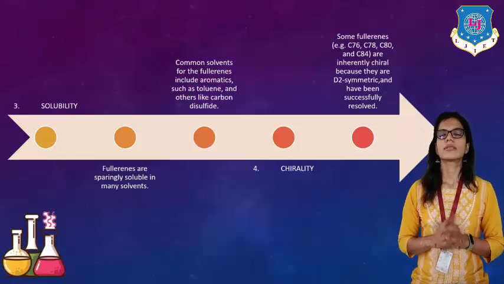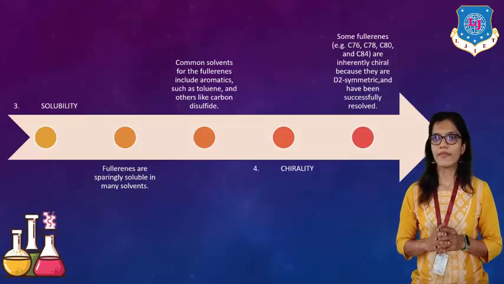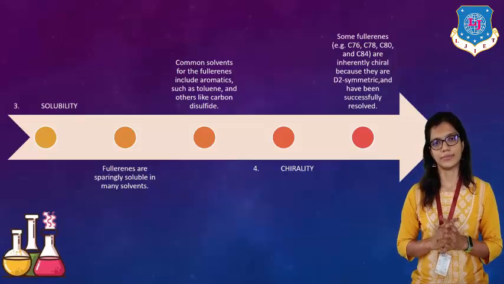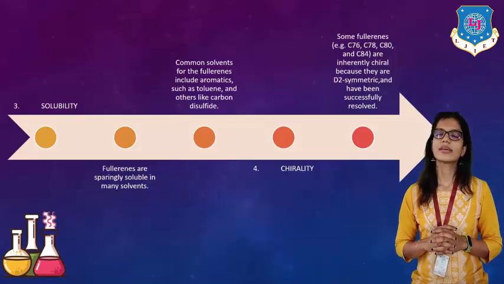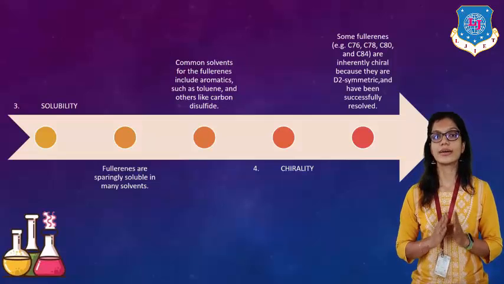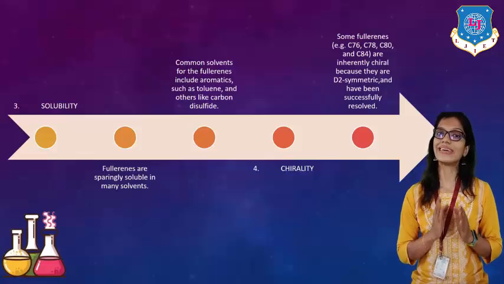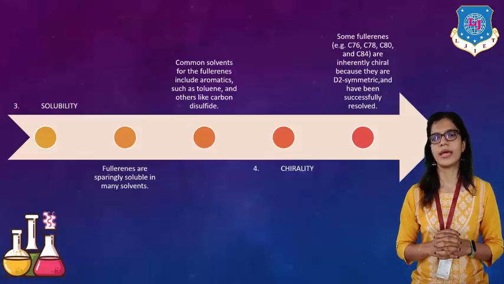Okay. The next property which we will have is chirality. Chirality is a type of property, considered an optical property, right?